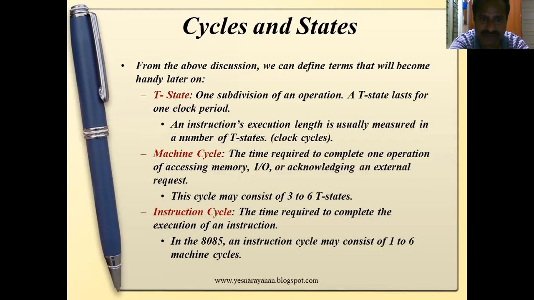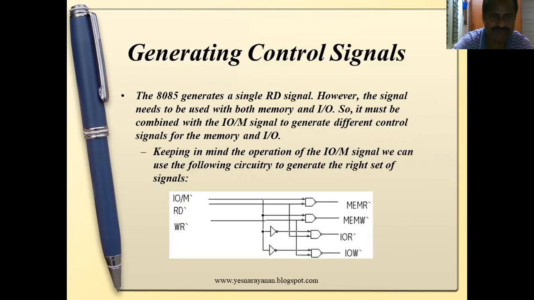Instruction cycle: the time required to complete the execution of an instruction. In the 8085, an instruction cycle may consist of 1 to 6 machine cycles. Generating control signals.